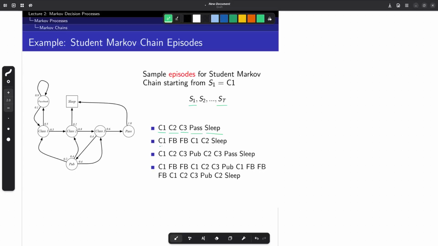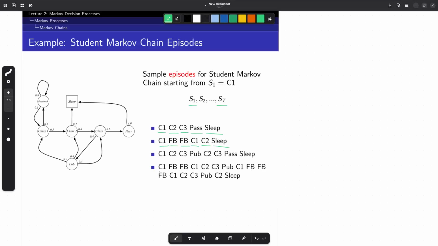The next one: class one, you go to Facebook. You again stay in Facebook. From Facebook, you get back to class one, then class two, and you don't have enough energy because you have spent a lot of time on Facebook, so you go to sleep. And we can have much longer episodes.